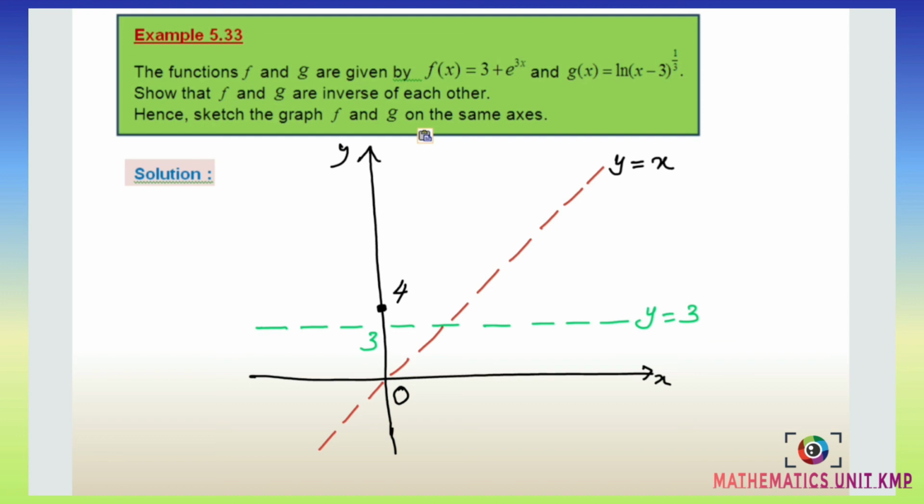By using basic properties, when x approaches infinity, to the right, f(x) approaches infinity, increasing. And when x approaches negative infinity, to the left, f(x) approaches 3. Approaches the horizontal asymptote, but does not touch the horizontal asymptote.